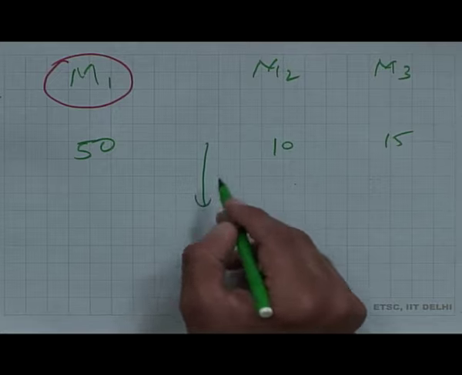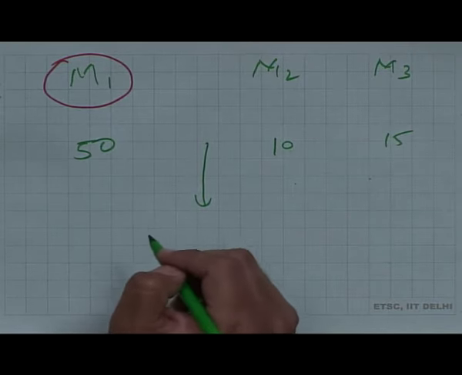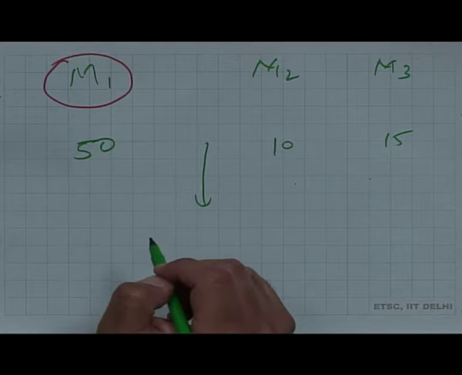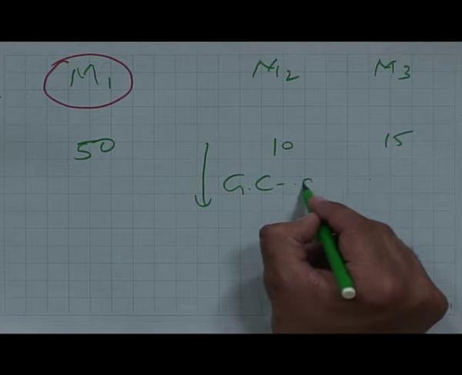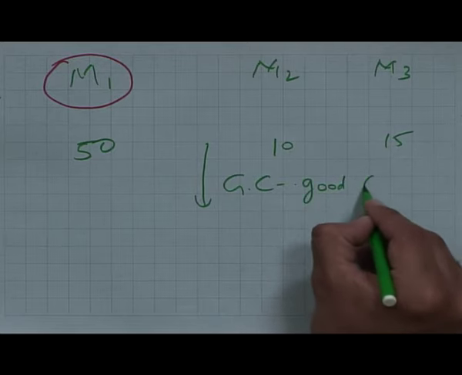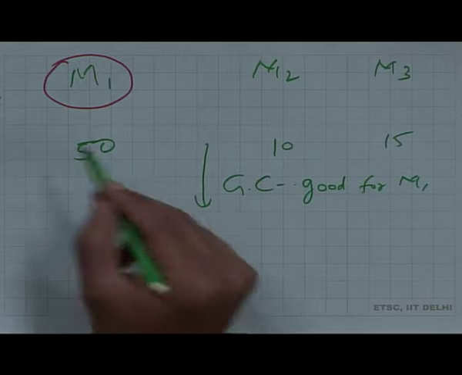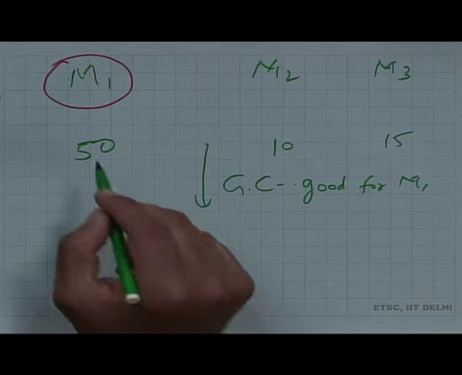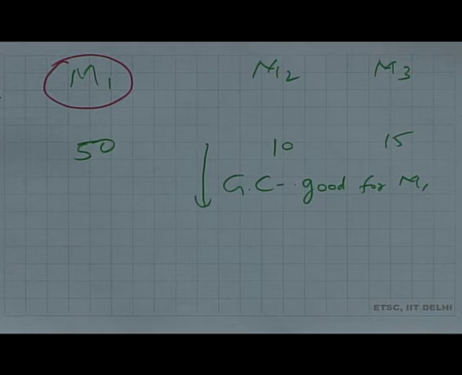We take some small part of it, so the ratio of M1, M2, M3 remains the same, and we put them again in growth conditions good for M1. So, these growth conditions can be: if M1 likes salt, you have salt, if M1 likes low pH, you have low pH, if M1 likes high pH, you have high pH, and so on and so forth.